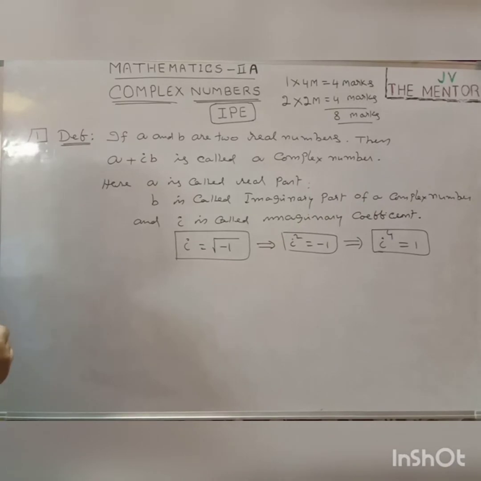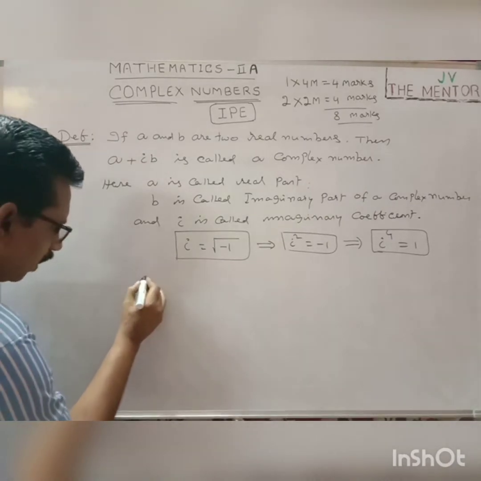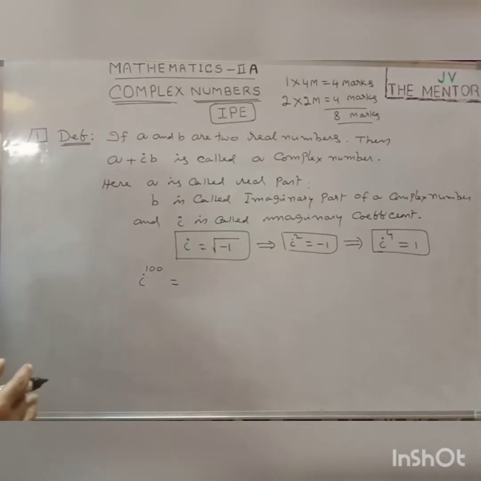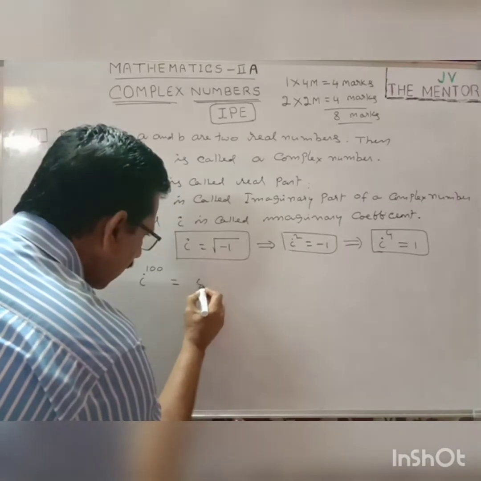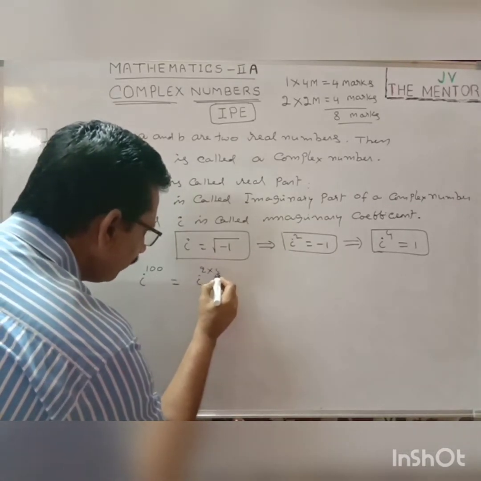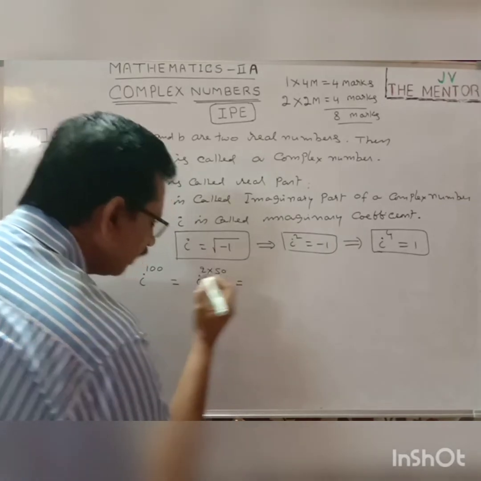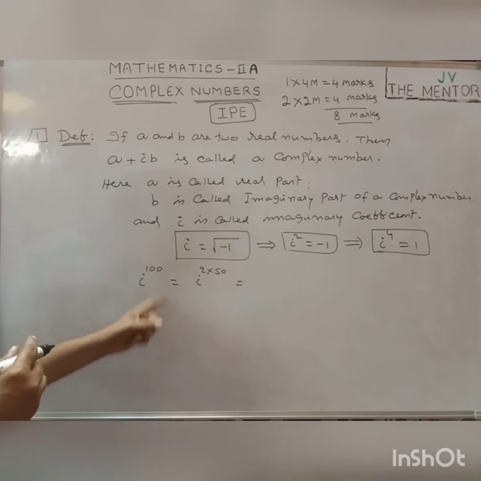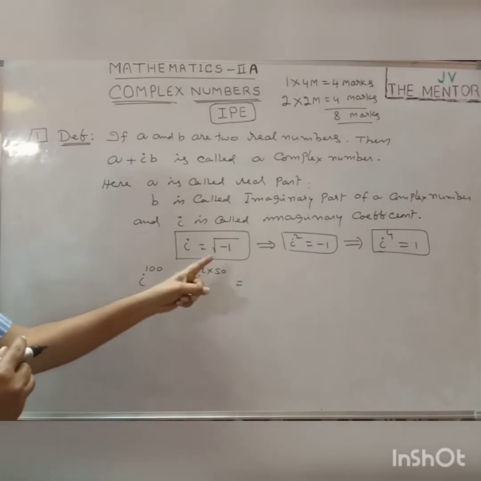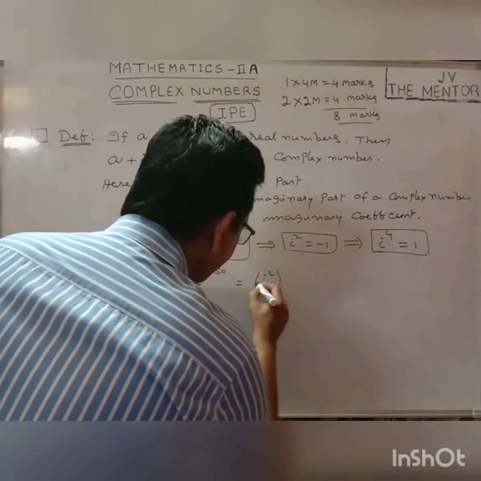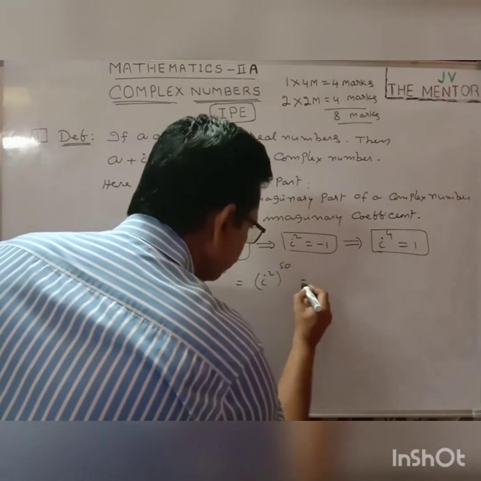Now we will find the value of i power 100. How to find it? i power 100 can be written as i power 2 into 50, since 100 is a multiple of 2. That is i square whole power 50.